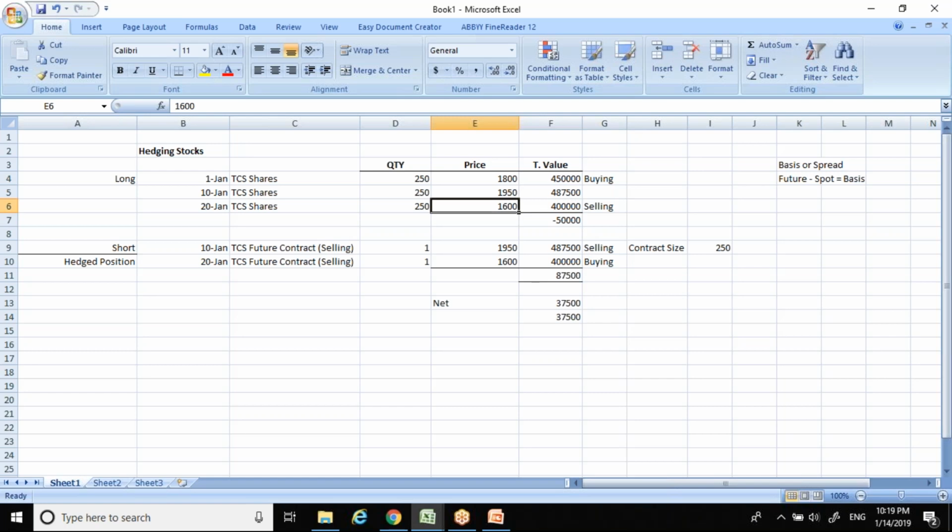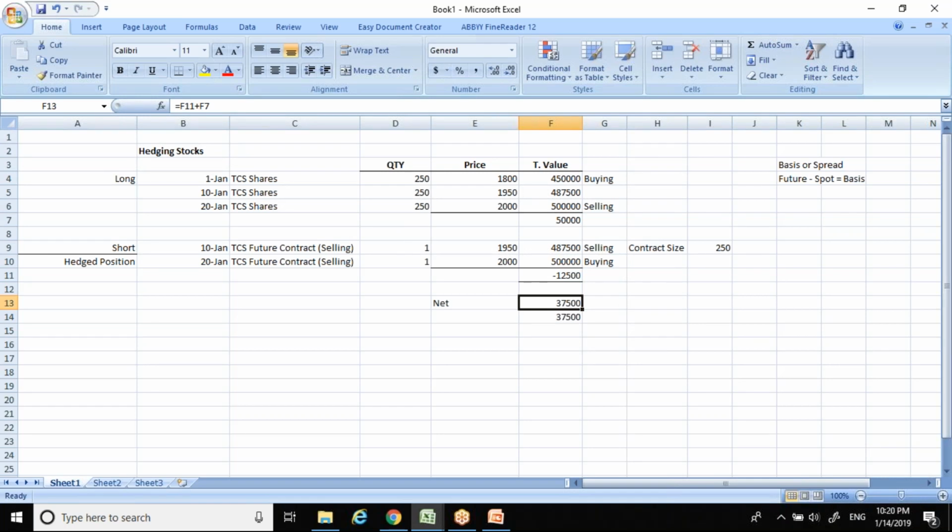How about if the price goes up? Let's suppose the price goes to 2000. Now, in this situation, you are making a profit of 50,000 from here, and you are incurring a loss of 12,500 here. But then the net is 37,500.